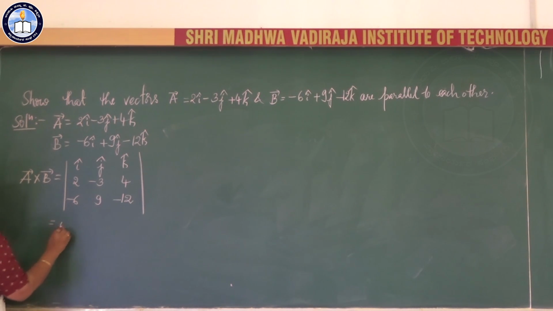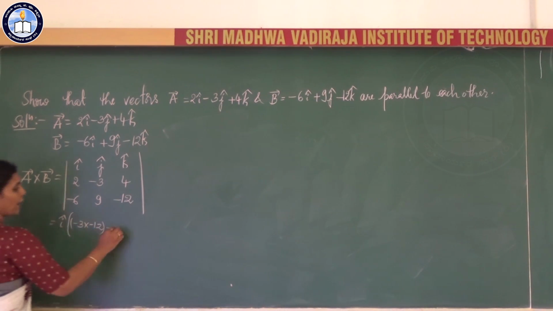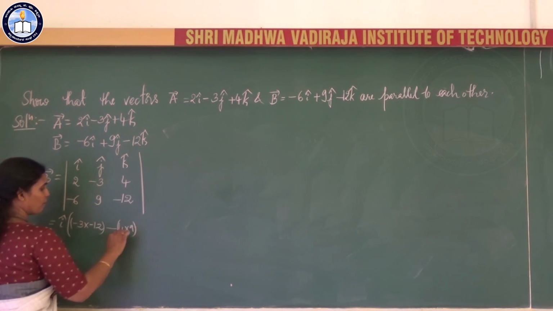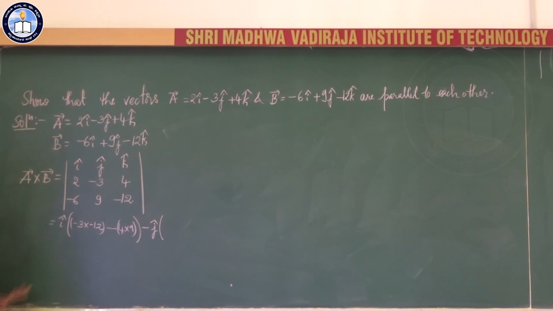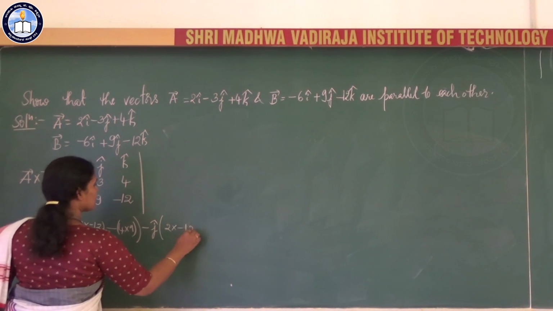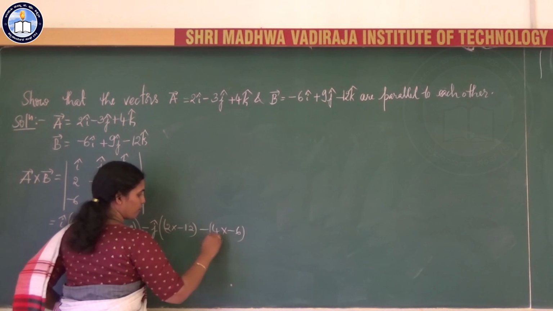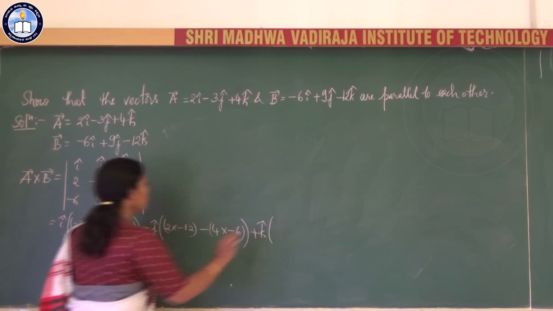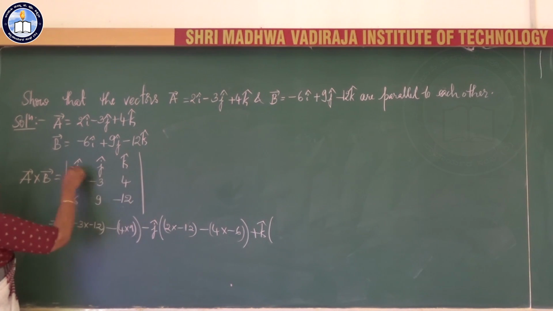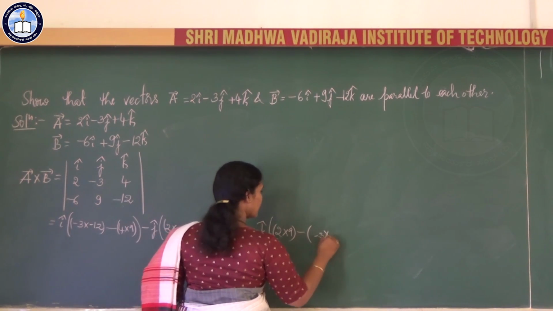So this is i cap into, leave that column and the row, minus 3 into minus 12 minus 4 into 9, minus j cap into, we'll leave the row and the column, 2 into minus 12 minus 4 into minus 6, plus k cap into, leave this, 2 into 9 minus minus 3 into minus 6.